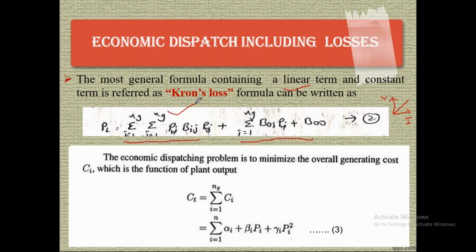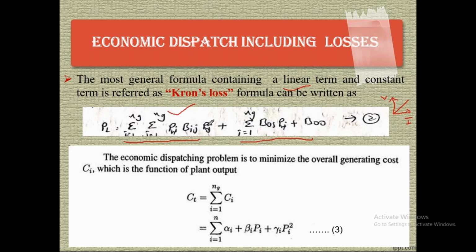Why is it called a linear term? Here this is the set of generation belonging to the ith plant and this is the jth plant. Combining these two, the characteristic should be linear. Both should work together linearly, and only then will the system be in a stable condition.